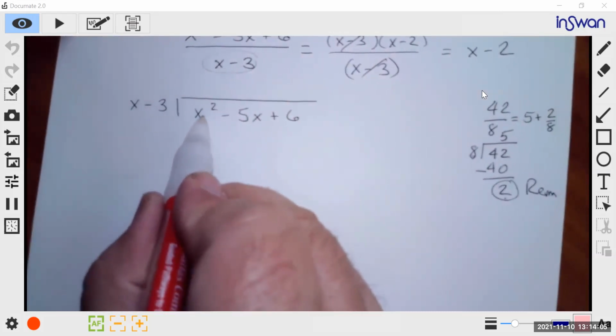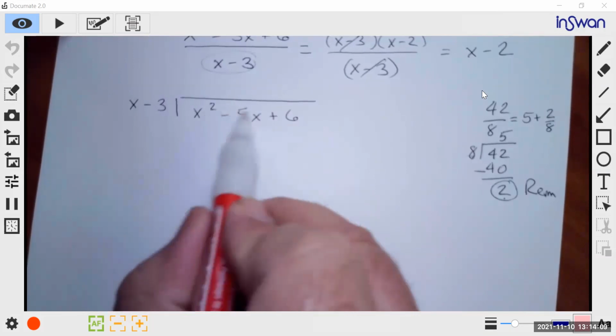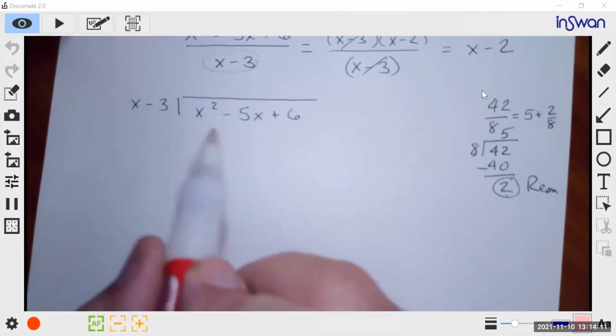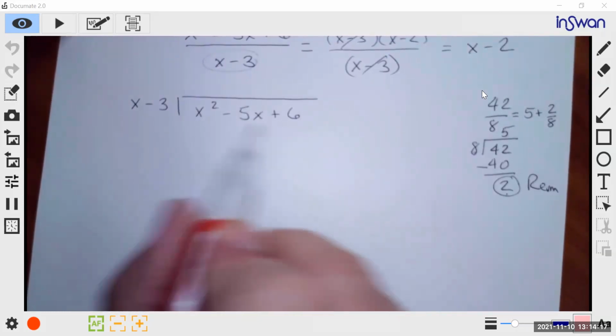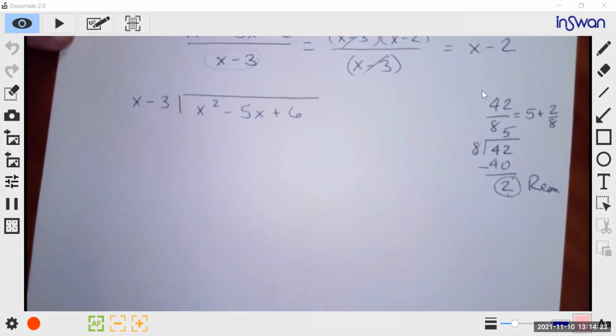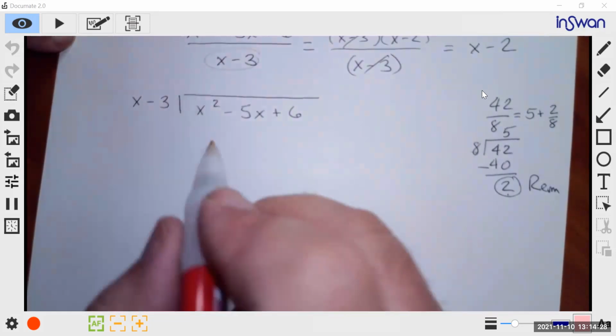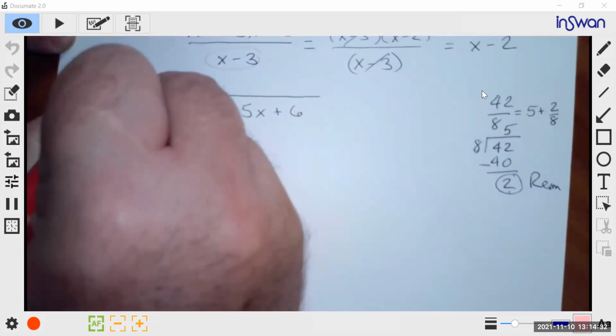You notice that the exponents of the variables have to be decreasing: 2, 1, 0. If you're missing one, you have to put a 0 in that location. You have to have all the columns allocated. Okay, this is called long division.